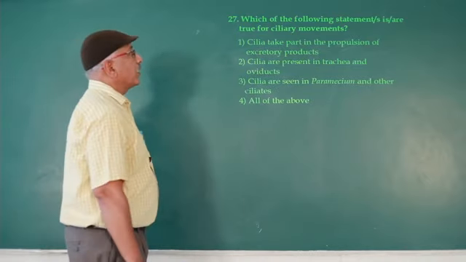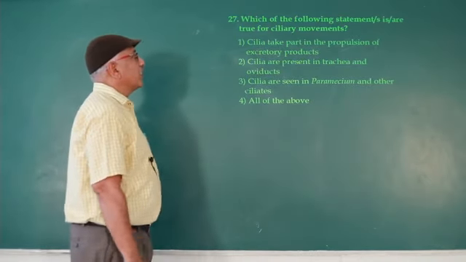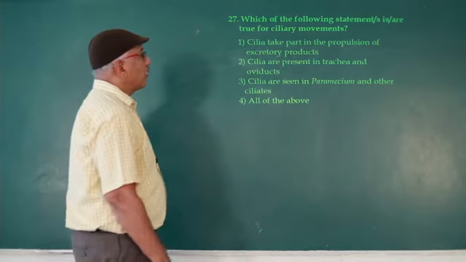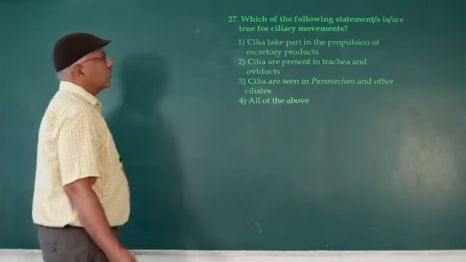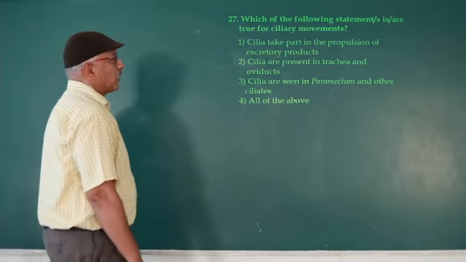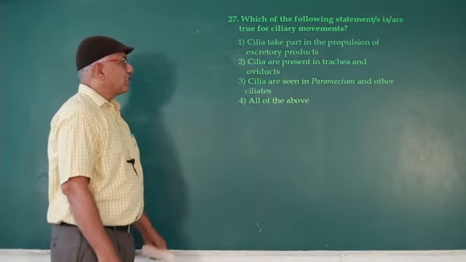Which of the following statements is true for ciliary movement? Cilia take part in the propulsion of excretory products. Cilia are present in trachea and oviducts.